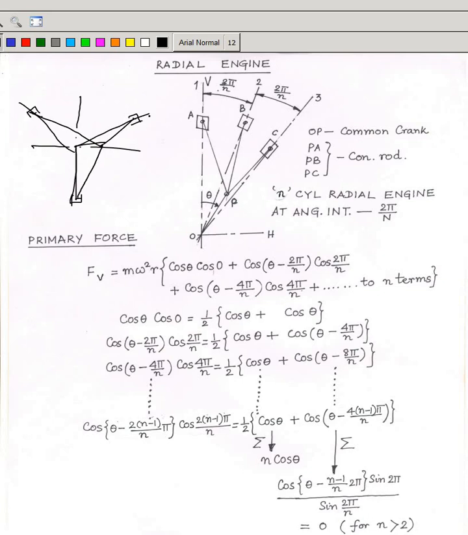So this is how it is arranged. All the lines of stroke are now radial lines, and this is the angular interval between them. For a 3-cylinder radial engine, it is actually 120 degrees, as you see. So the angular interval between them is 2π/n.